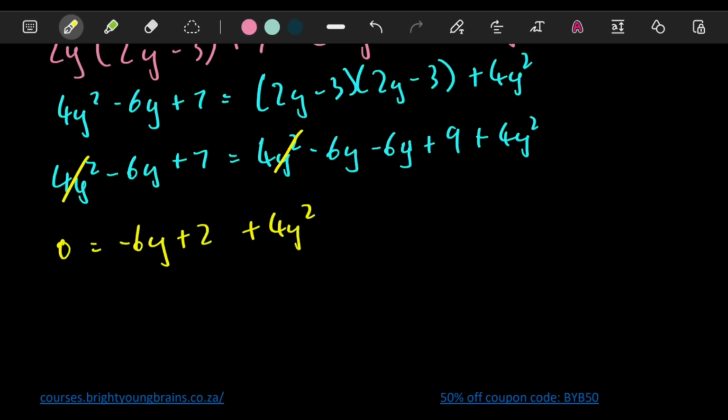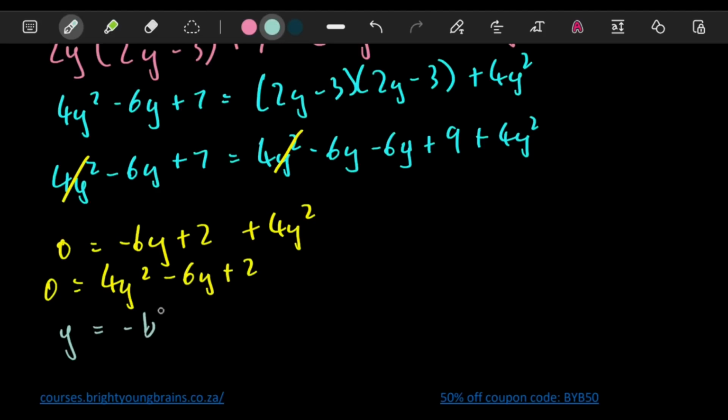I hope everything is on the right track. Let me double check. Yes, everything looks okay. You can put everything in standard form and then solve for y. So this is 4y squared minus 6y plus 2.